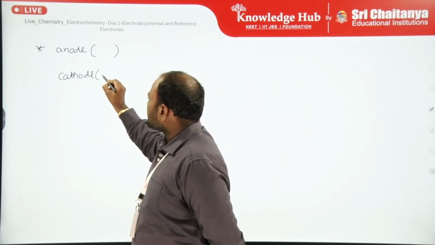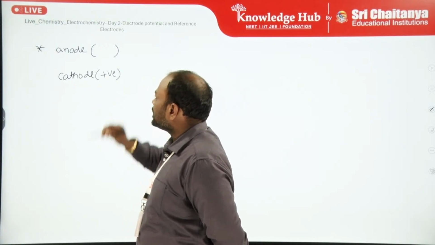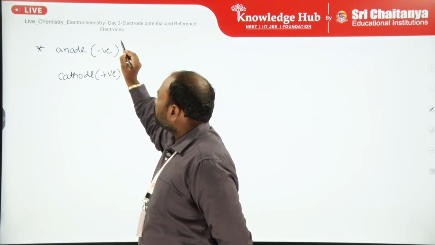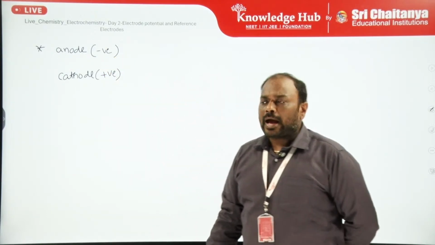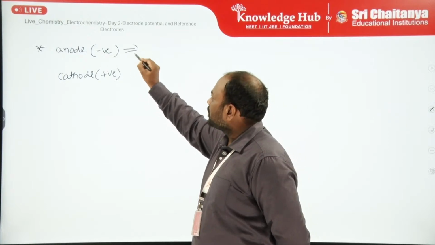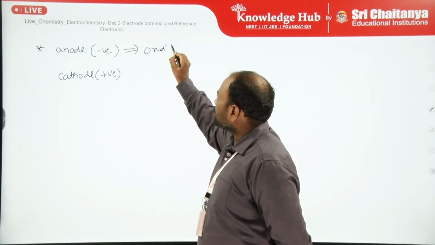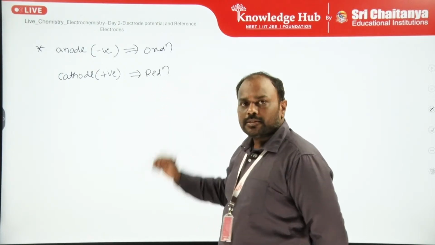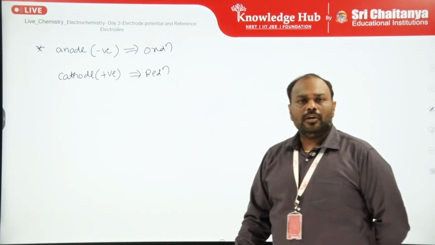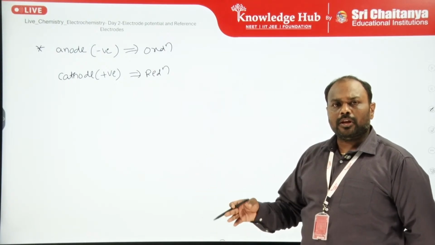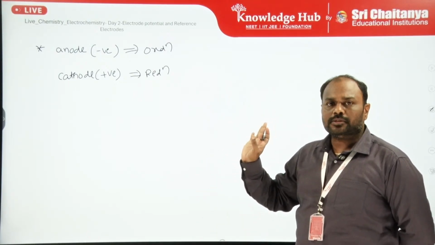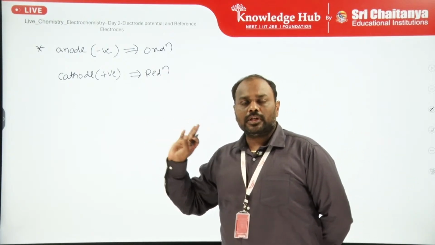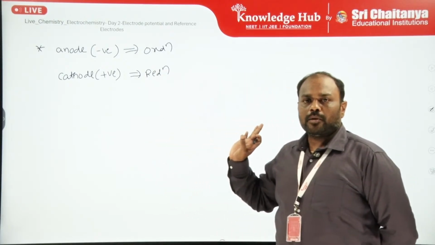So, generally what is the sign of the cathode in a galvanic cell? Positive, anode negative. In the presence of anode, which reaction takes place? Oxidation reaction takes place. At cathode, reduction reaction takes place. Only signs are different, but remaining all reactions are same. Already in the first session we have discussed this. Okay, if you have any doubt, once refer to that first session, then you will get the idea about this.